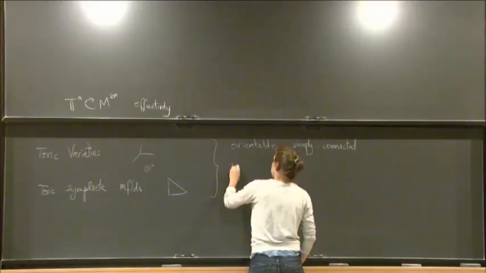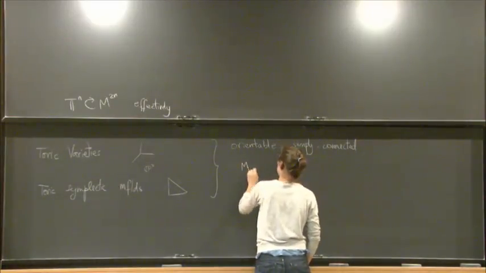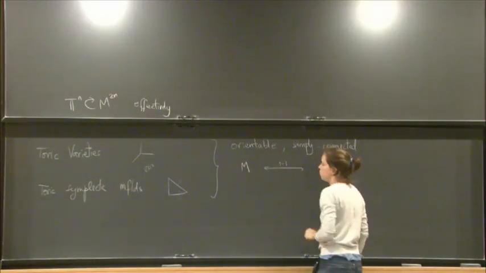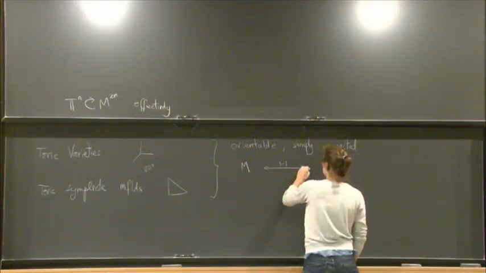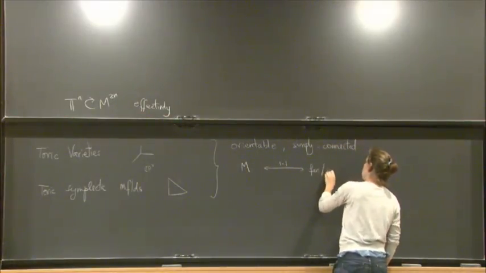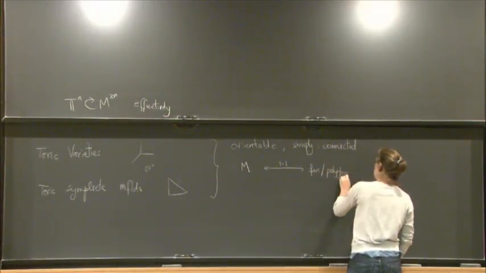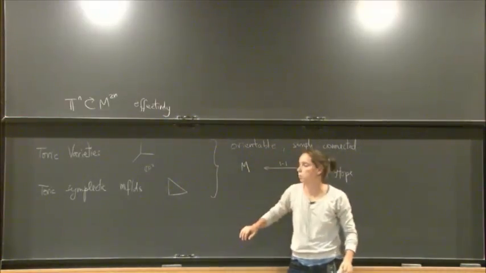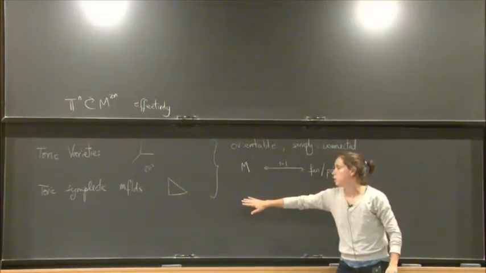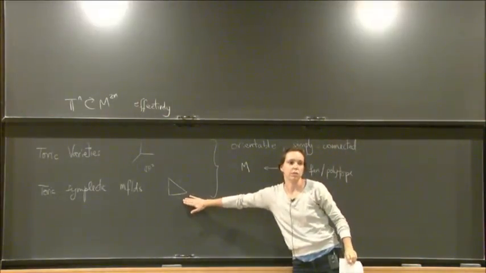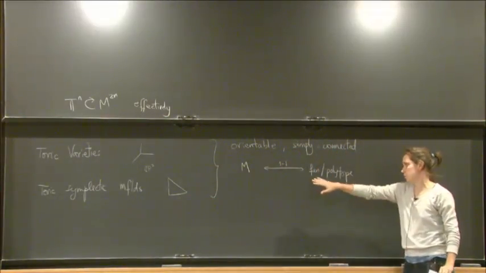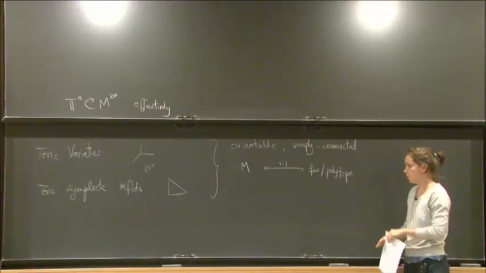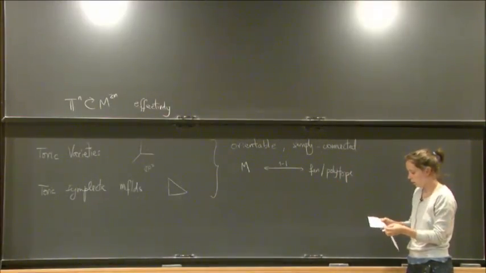Another very nice thing is there's this 1-to-1 correspondence between the manifolds and these combinatorial objects, so the fan or the polytope. In fact, the polytope can be seen more or less as the orbit space. So there's a 1-to-1 correspondence between M and its orbit space.